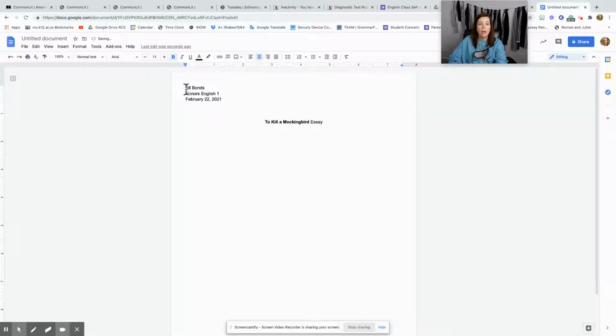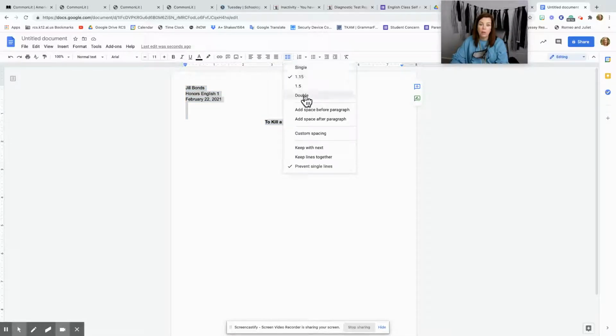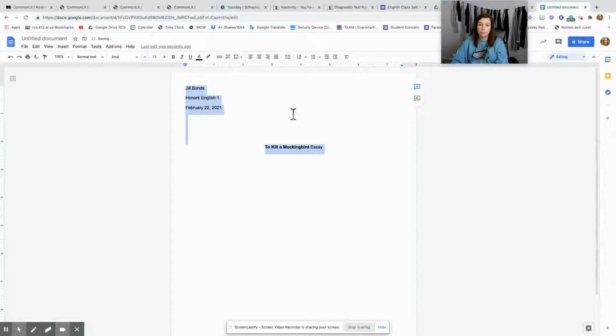All right. Now, one big thing I have not done is your entire document needs to be double spaced. You can do this before or after, and it doesn't matter to me. But if you do it beforehand, you highlight everything and go to double right there. As you start typing your essay, it's going to be justified to the left, so you have to go up here and change this to left align.